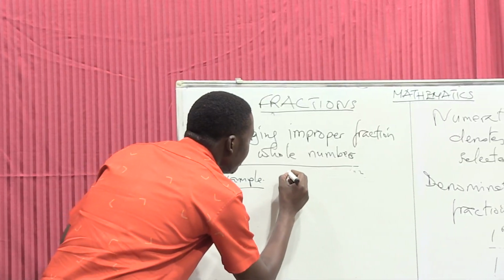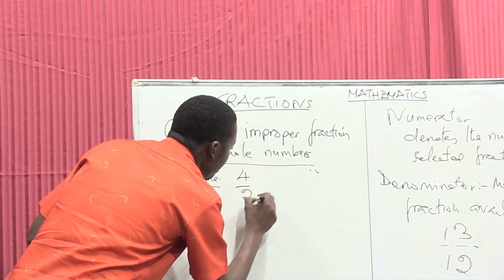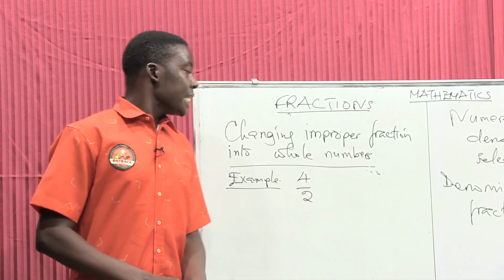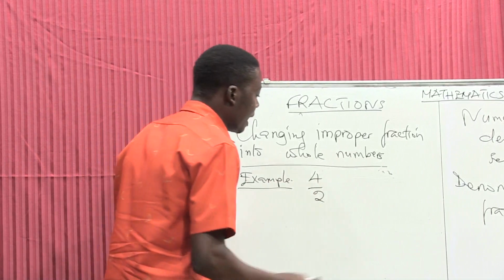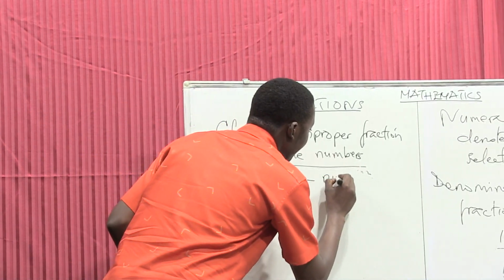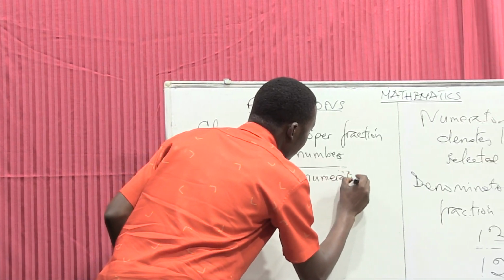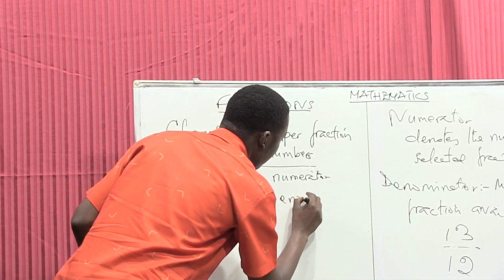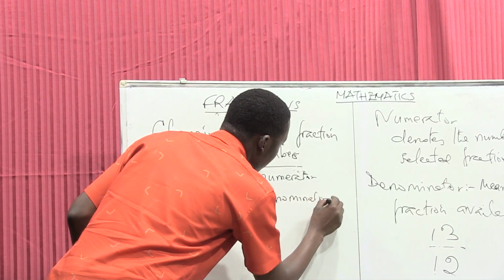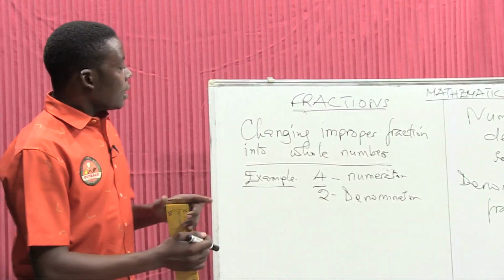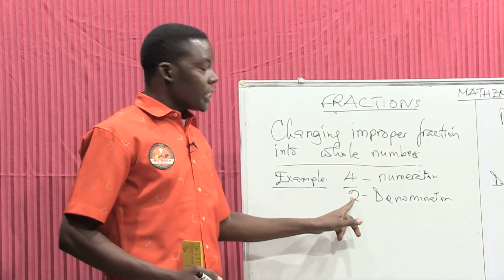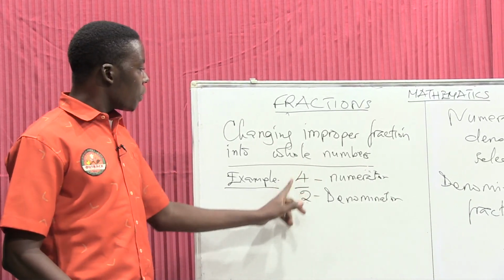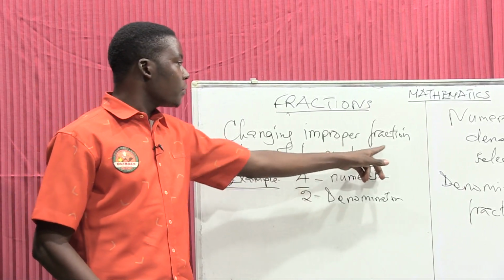You are given 4 over 2. 4 stands for the numerator and 2 stands for the denominator. Four is greater than 2. That's why we call this an improper fraction.